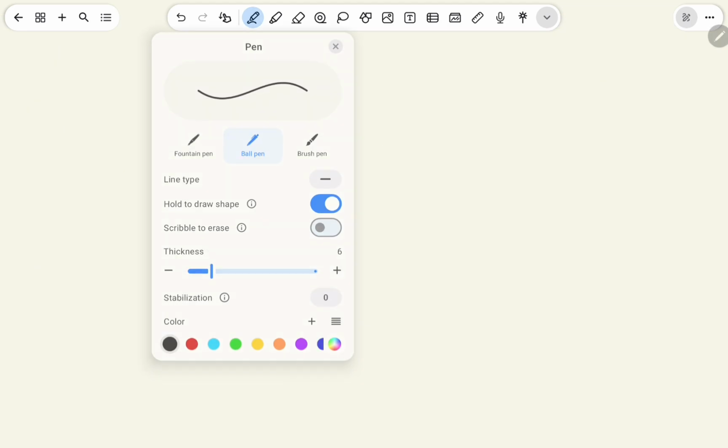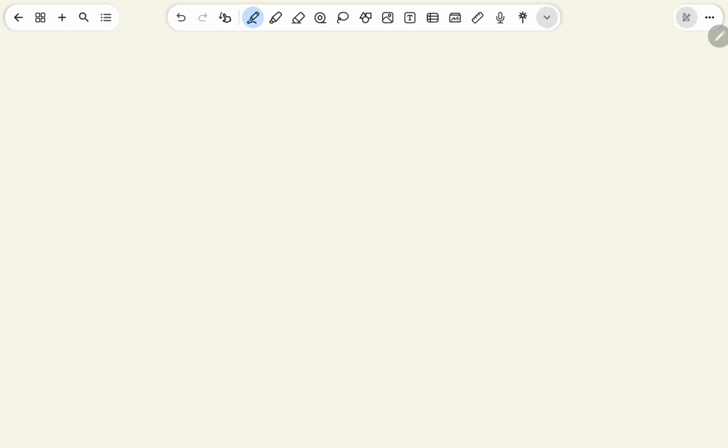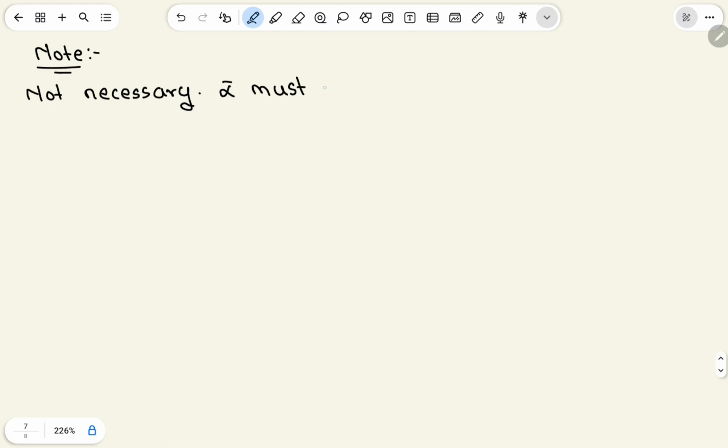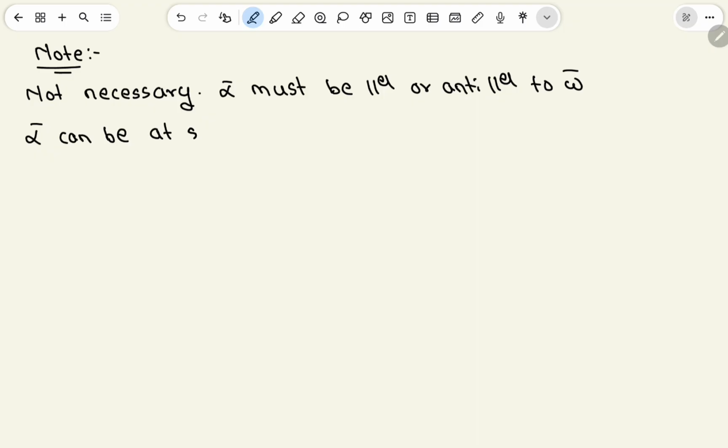Now, this is not at all important from 12th state board point of view, but I thought it important to share this information that it is not necessary that alpha bar must be parallel or anti-parallel to omega bar. Alpha bar can be at some angle theta to omega bar.